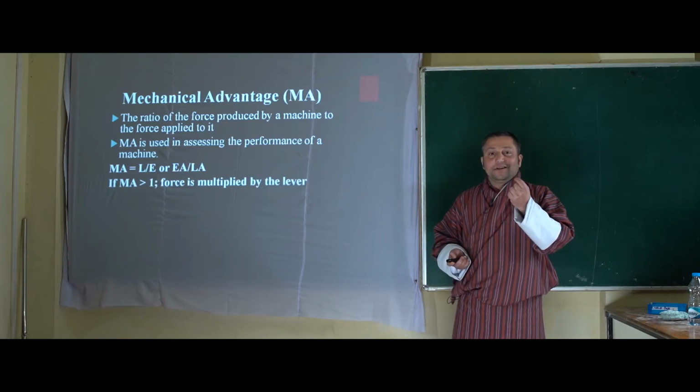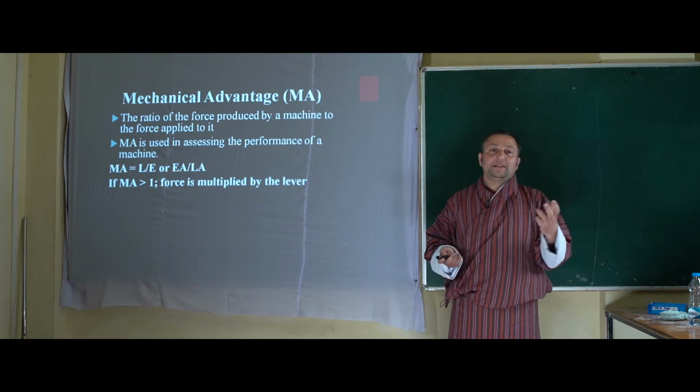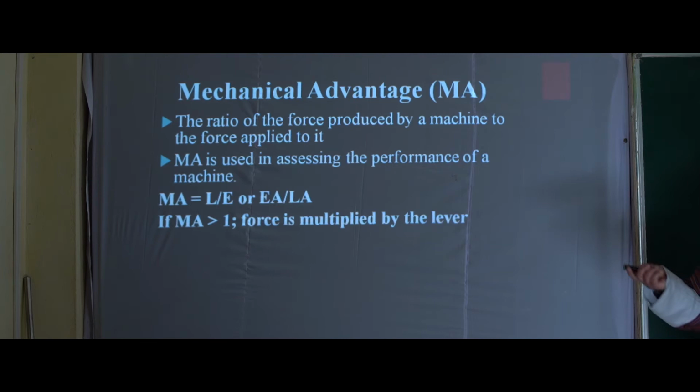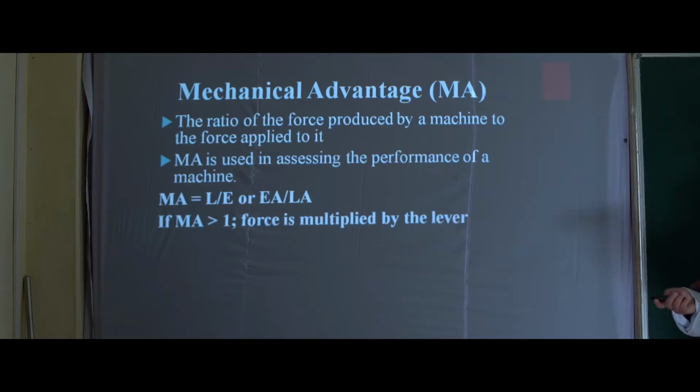And it is very important, since we have three kinds of lever, mechanical advantage will be different. So, what does this mechanical advantage exactly show us? What does it tell us? It is very important for us to learn. Here, if mechanical advantage is more than 1, we need to understand that force is multiplied by the lever.